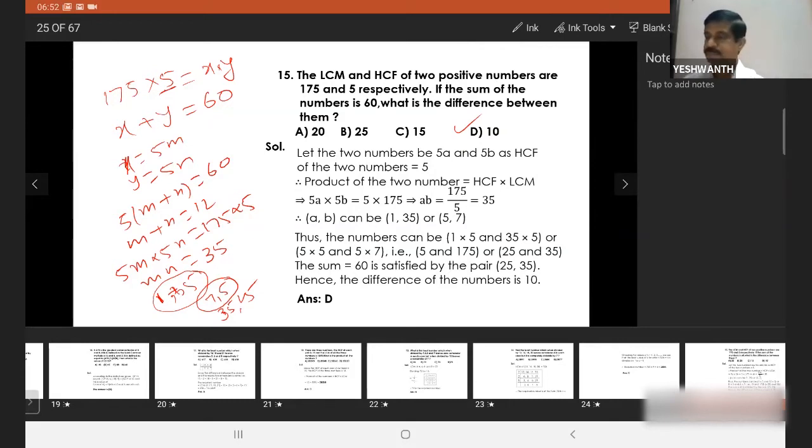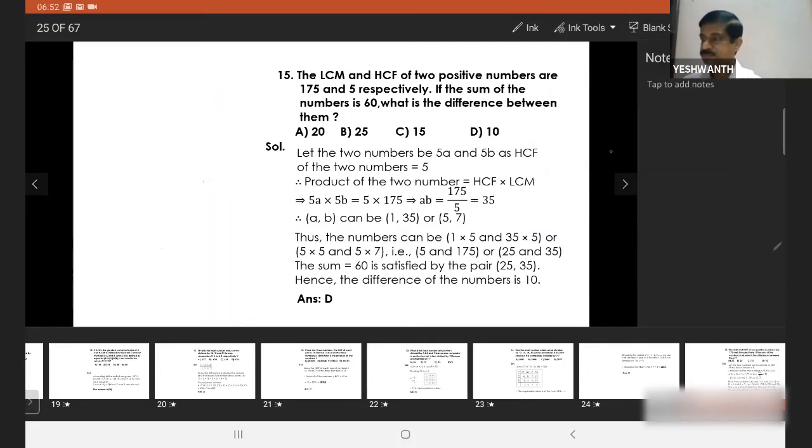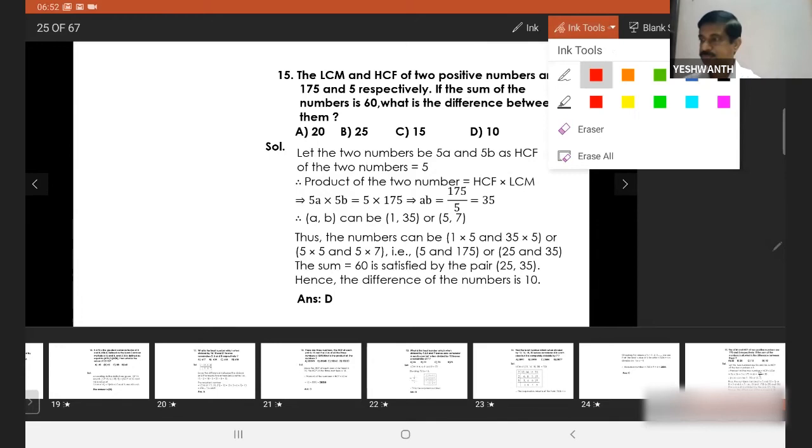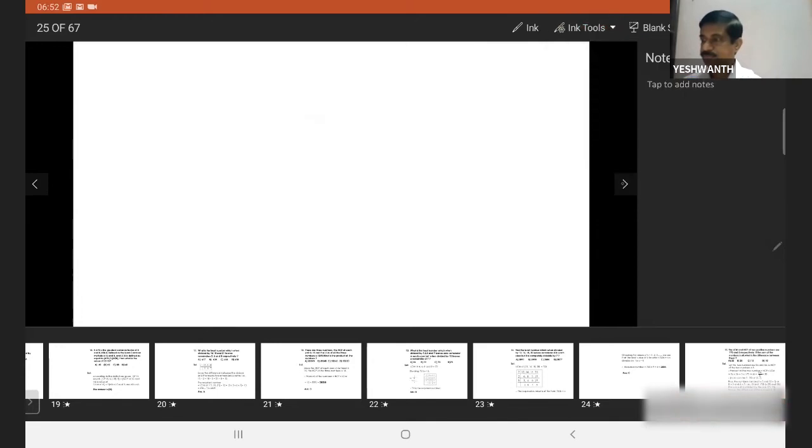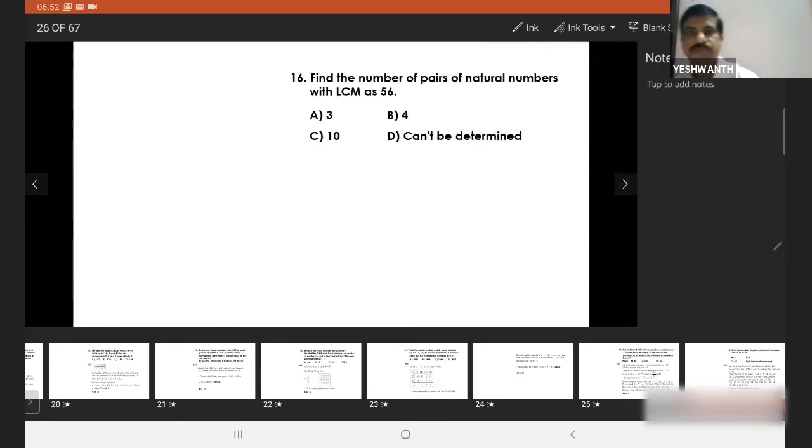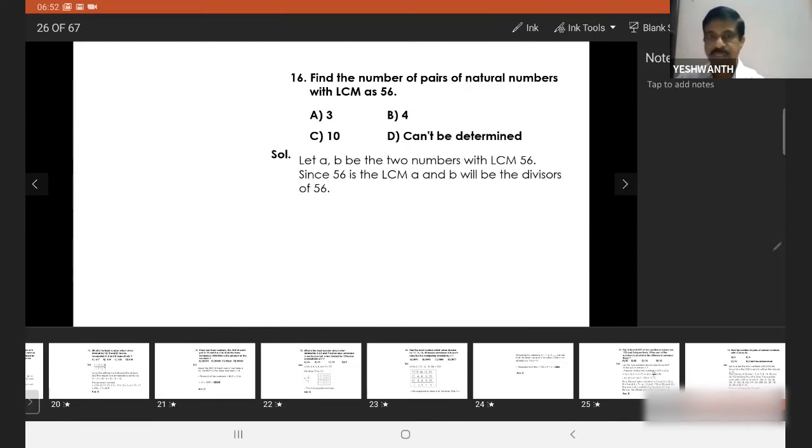Okay, let us move to the next question. Find the number of pairs of natural numbers with LCM as 56. So we should get them. But here he has only given the LCM of two numbers as 56.